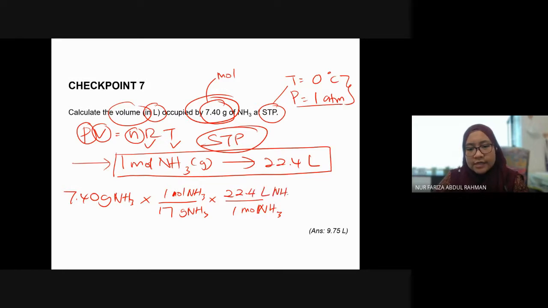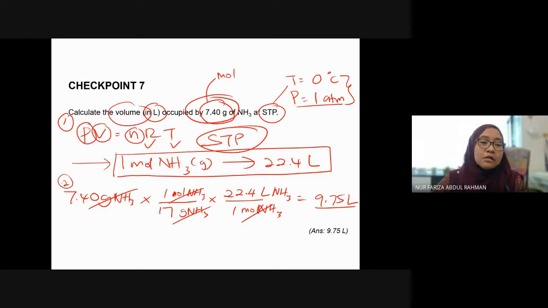We get the same answer. Mole cancels, gram NH3 cancels, and we have 9.75 liter as the final answer. So we have two ways to solve this problem: the PV = nRT way, or this second method. It's actually the same, because at STP this is the volume. Okay, moving on.